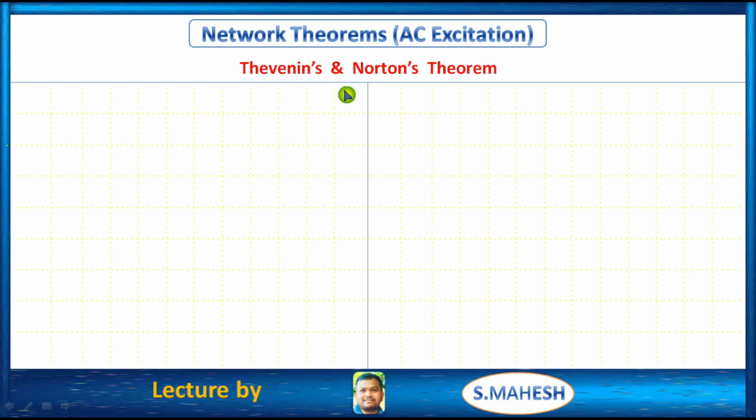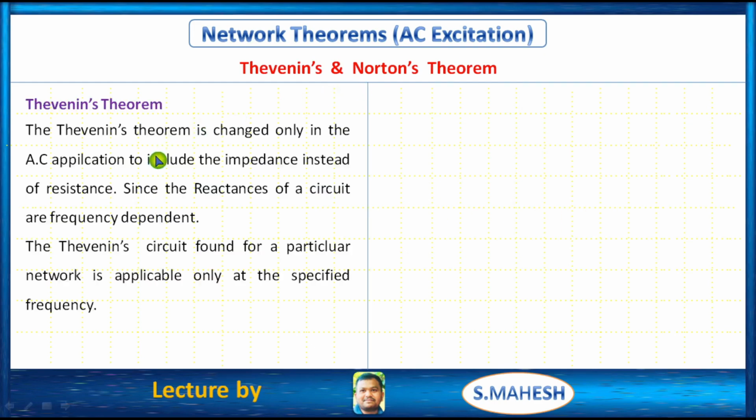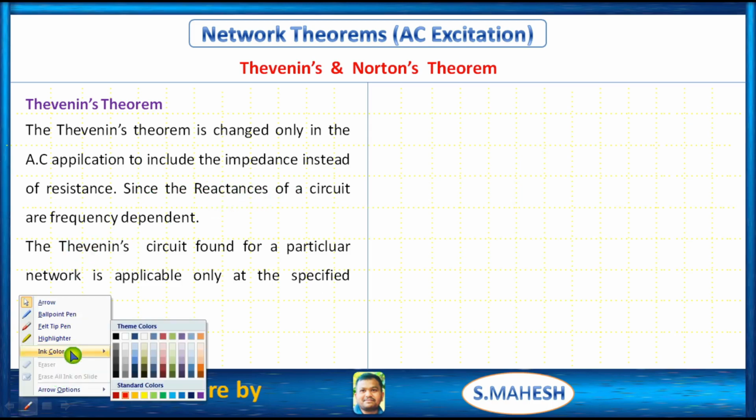Okay. So first I would like to discuss Thevenin's theorem with AC excitation. The only difference between DC excitation versus AC excitation is what? We are dealing with the circuit with respect to impedance, right? Thevenin's theorem is changed only in the AC application to include the impedance instead of resistance, since the reactances of a circuit are frequency dependent, right?